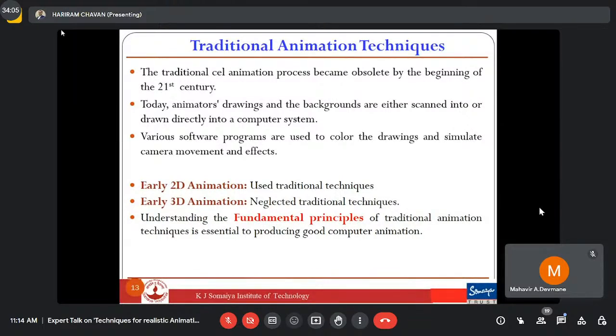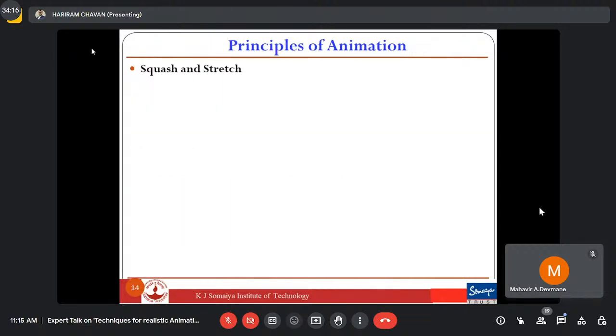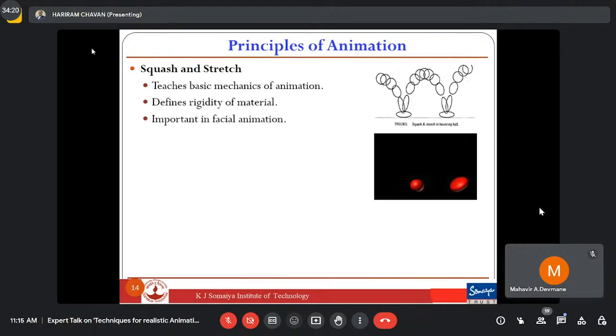Okay, coming back to the animation techniques and the fundamental principles, we can think about the different principles for producing good computer animation, in which the very first thing is squash and stretch.